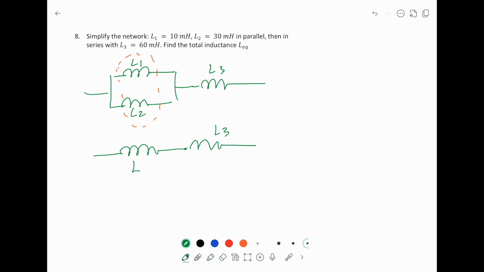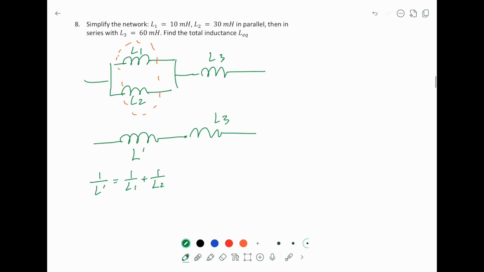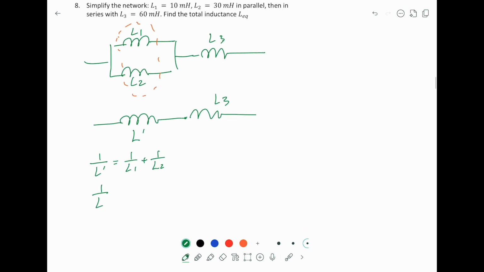How about we call it L pi? So 1 over L pi equals 1 over L1 plus 1 over L2. It means 1 over L pi equals 1 over 10 milli plus 1 over 30 milli, and you will see this equals 6.67 millihenry.